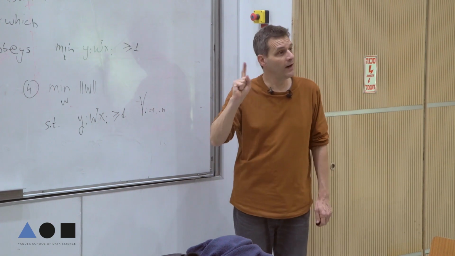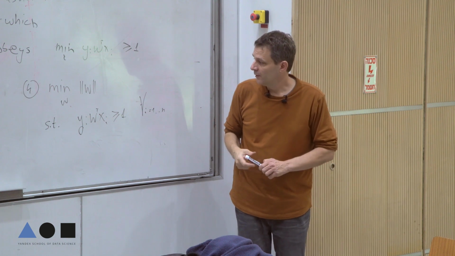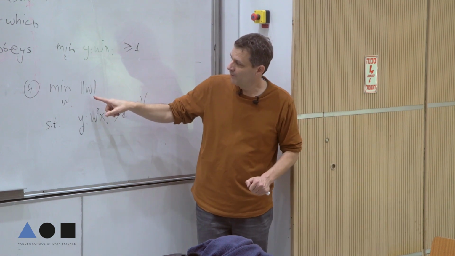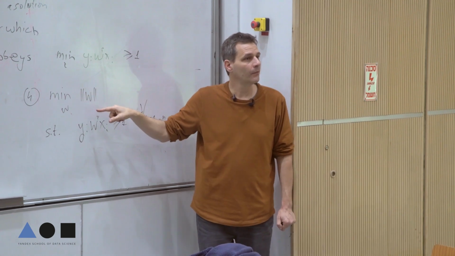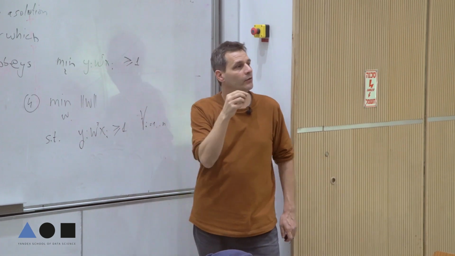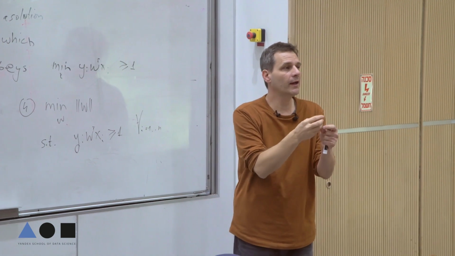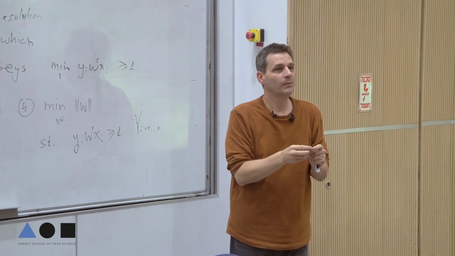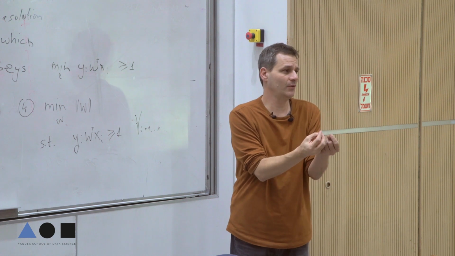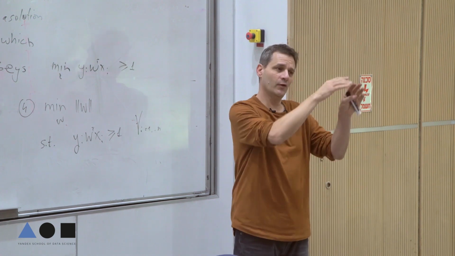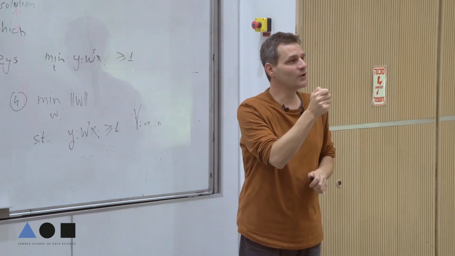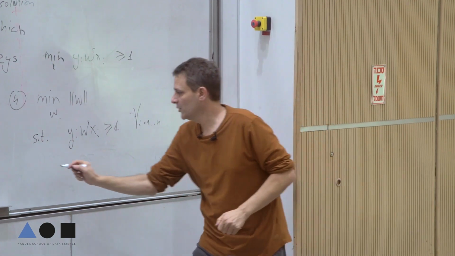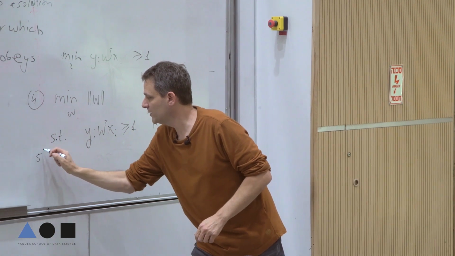OK, and there's one final step. We're looking to find a minimum of this function. And it is allowed, if you're looking for a minimum, you can take the square, because the square maintains where the minimum is obtained. If you have a function, you take a minimum, you take a square, the minimum is going to be kept at the same point. So you can finally rewrite this as the following.